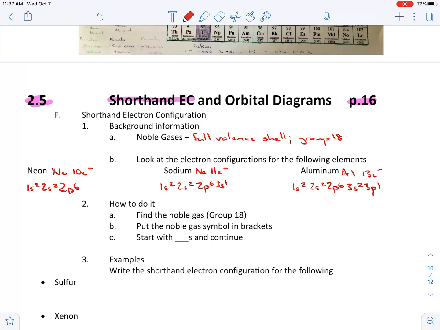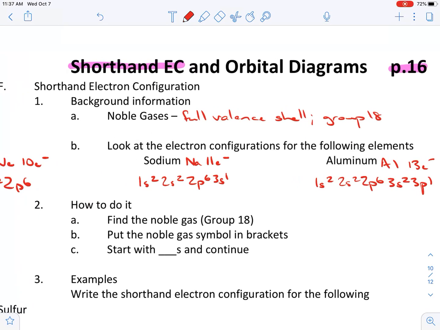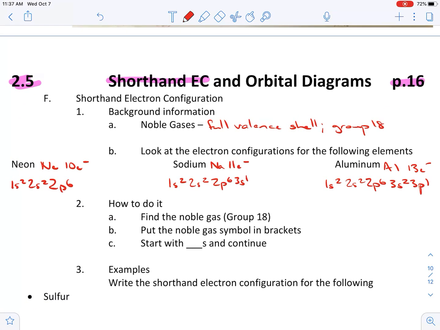Now if we look at all three of these electron configurations, we can see that they all have in common, and in fact anything past neon would have this 1s2, 2s2, 2p6 in it, right? So why not save ourselves a little work and use that as an abbreviation? And that's what we do.